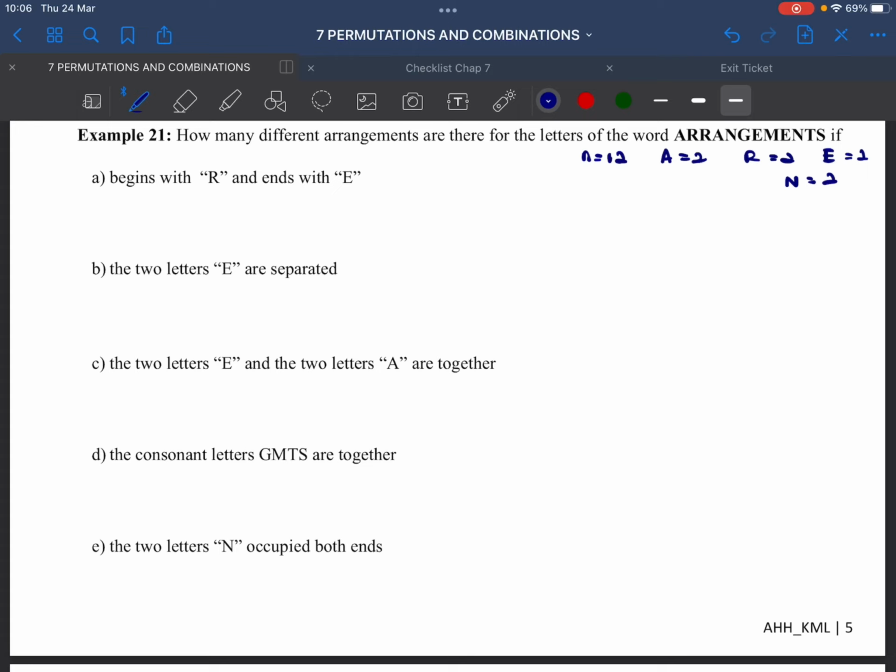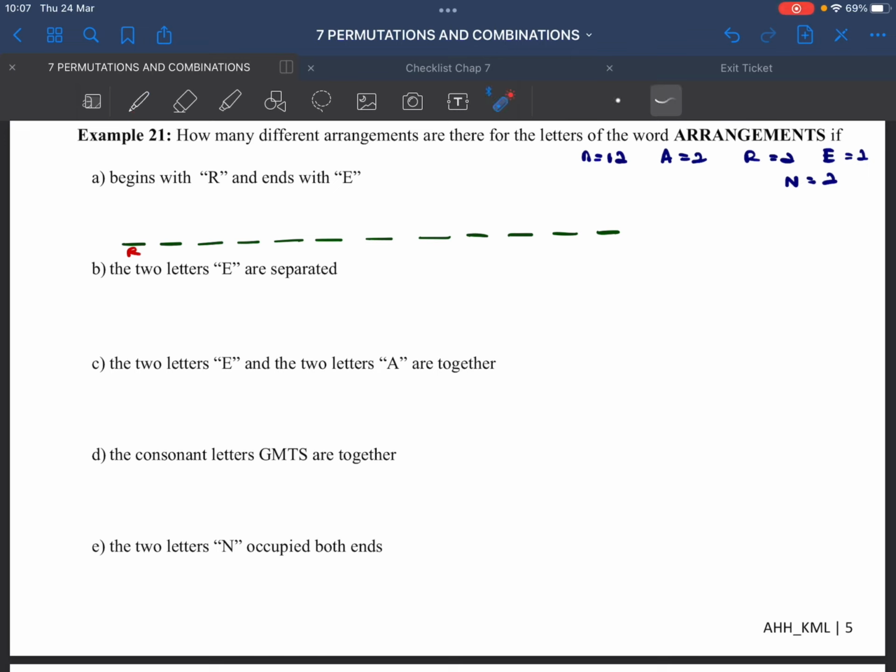So now the first question begins with R and ends with E. So let's see, kita susun 1, 2, 3, 4, 5, 6, 7, 8, 9, 10, 11, 12. Okay, ada 12 huruf dalam arrangement. So begins with R. So ini mesti kena R. Okay.